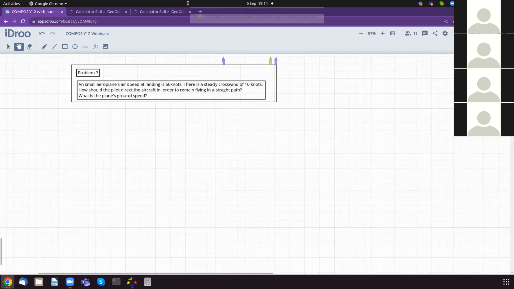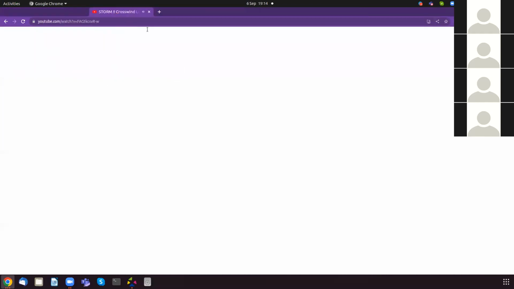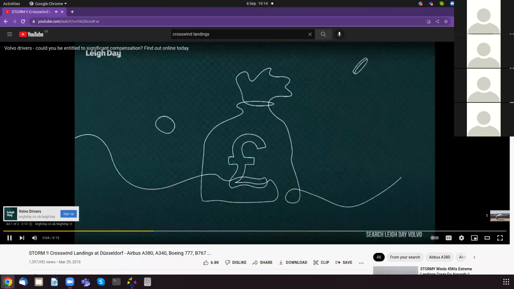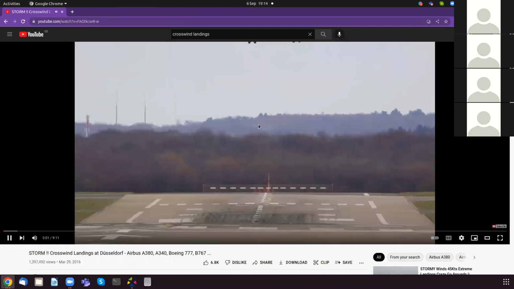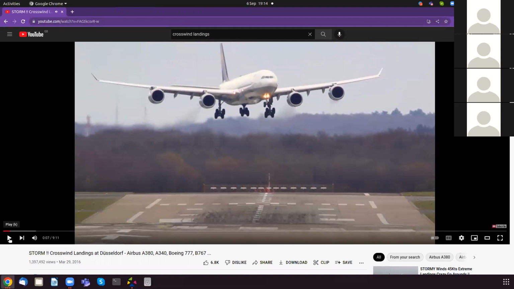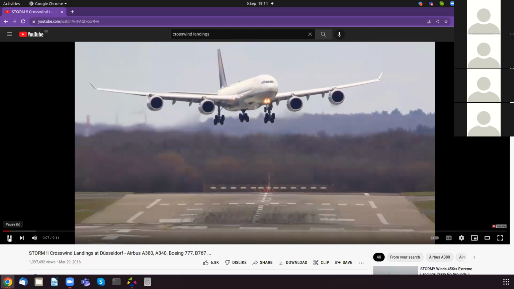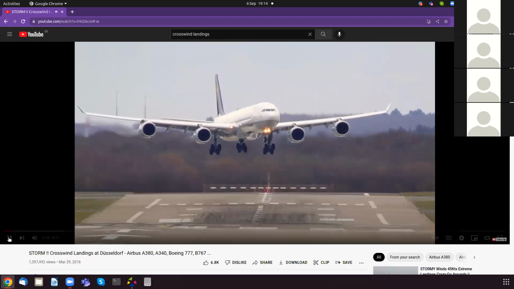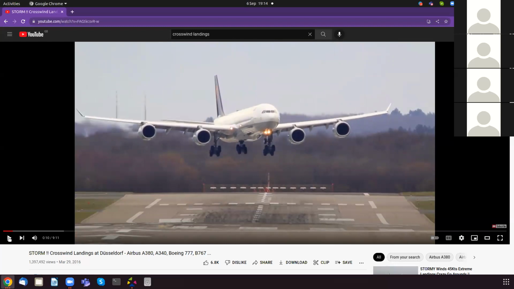Oh, this one looks nice. So here you can see an airplane. This is an A340 landing at Düsseldorf Airport, and this is a view along the runway. As you can see, it seems that the plane is going sideways because there's a strong wind from left to right. The airplane has to steer into the wind.